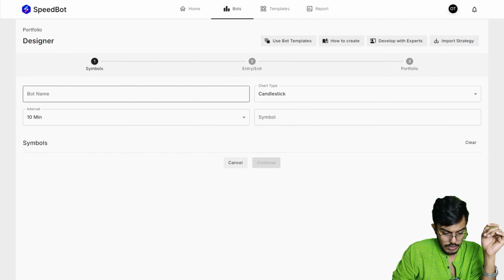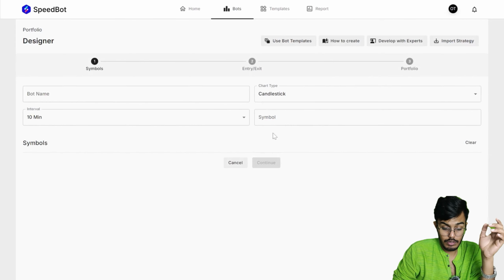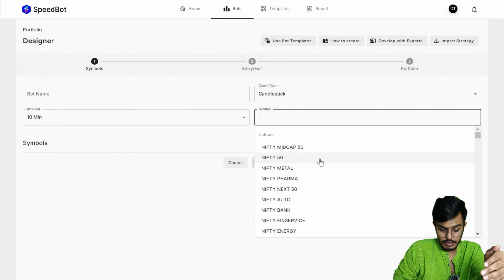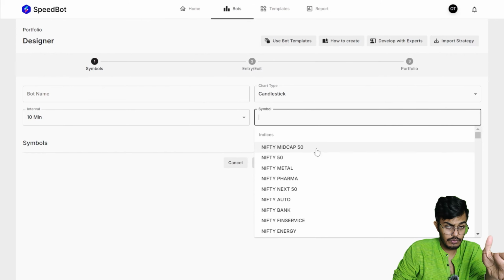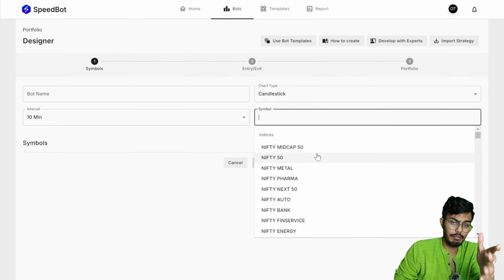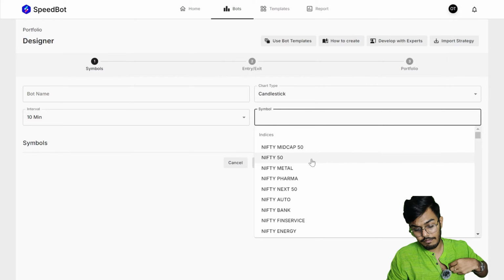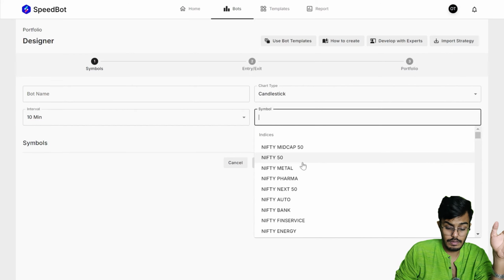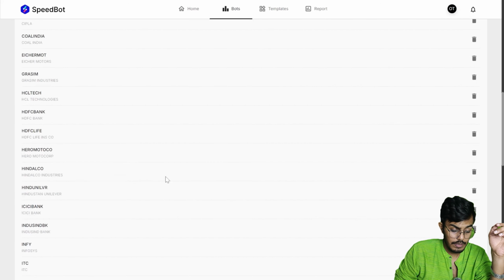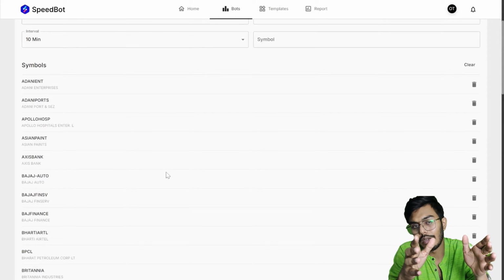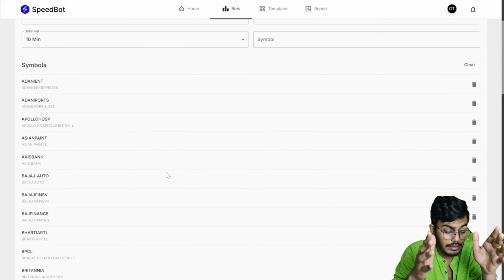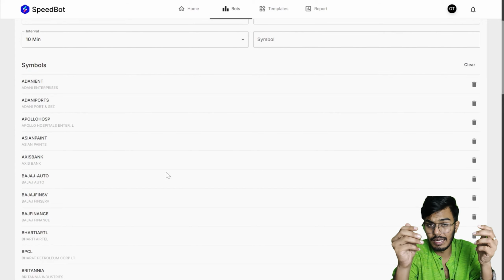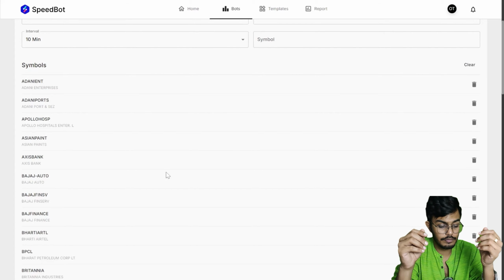what you can do is you can go over here, create your equity bot, you can open the bots. If you are able to see the indices over here, that is the Midcap 50, the top 50 stocks in the mid cap, the Nifty 50 index, the metal index. Let's say if I would like to get the conditions checked by the algo for only the Nifty 50 stocks, then I'll be able to do that by selecting it over here.